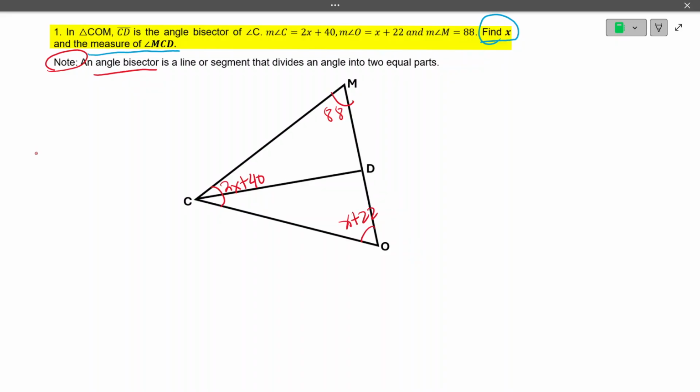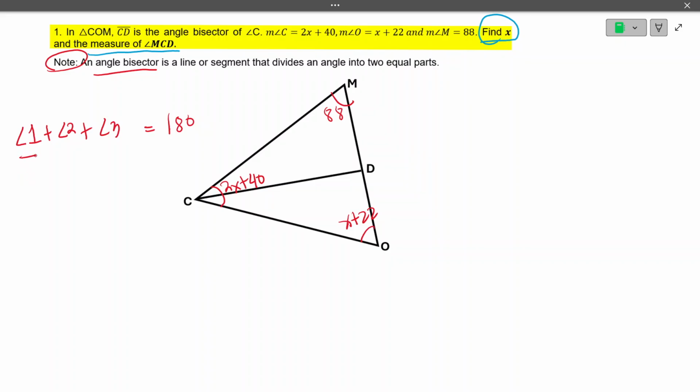First, we have to note that in a triangle, the sum of the interior angles is always 180 degrees. We can generate an equation with this idea: if we add angle 1 plus angle 2 plus angle 3, it will give us 180 degrees. Now, let's position all the givens in our main equation.